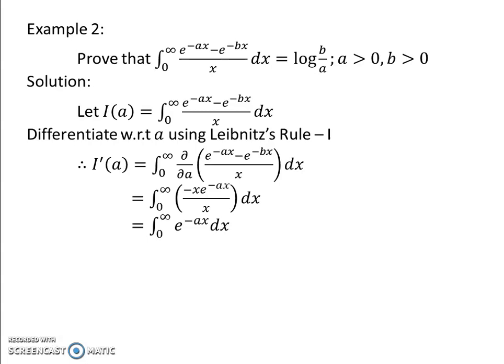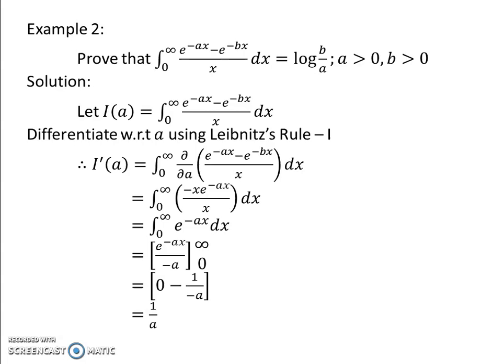Sorry, that minus should be there. So integration will be e raised to minus ax upon minus a from 0 to infinity. Therefore, if we substitute the value, we get this equal to 1 upon a. So I dash of a equal to 1 upon a.